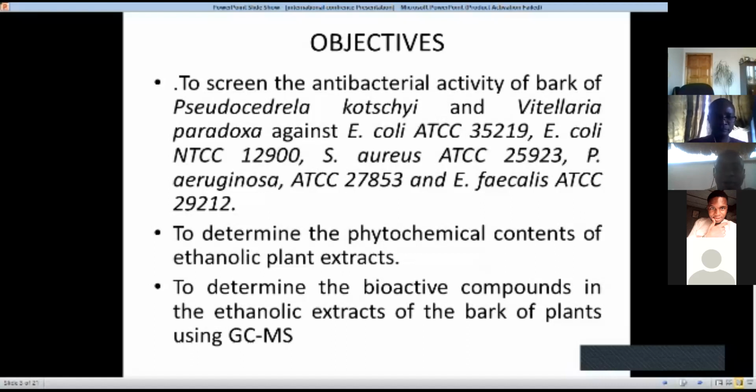The second objective is to determine the phytochemical content of the ethanolic plant extract of the bark and to determine the active compounds in the ethanolic extract of the bark using the GC-MS system.